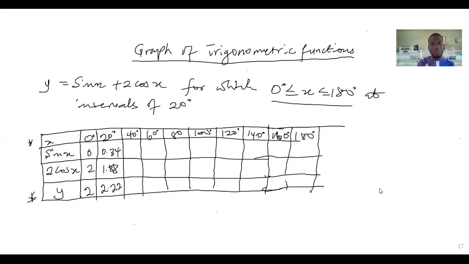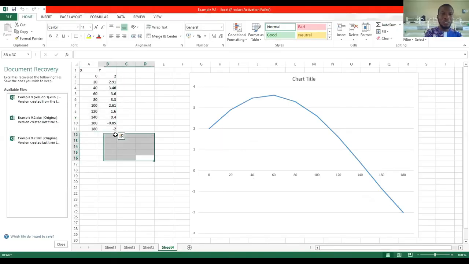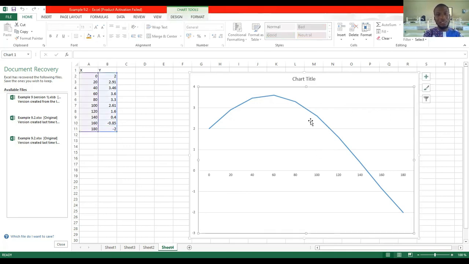When we get the various sin x and 2 cos x values, we should have these numbers as our respective y values. Then when we plot the graph, we should have a graph like this.